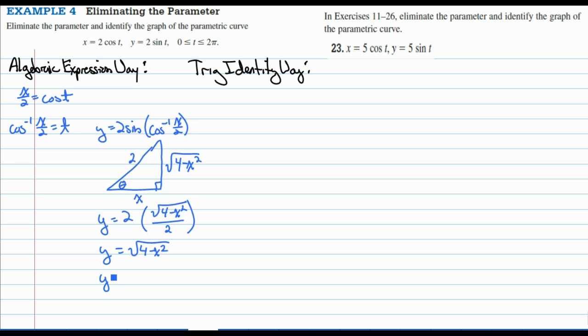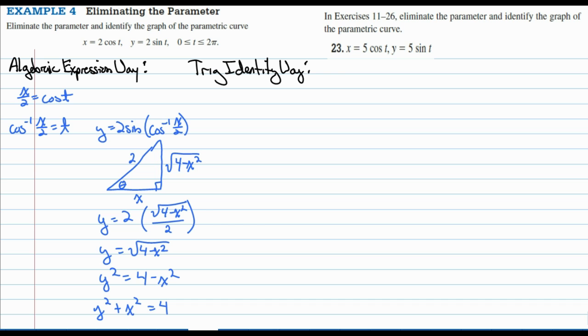You get y equals the square root of 4 minus x squared, or y squared equals 4 minus x squared, so x squared plus y squared equals 4. Essentially you're dealing with a circle. If you remember that from algebra 2, it's a circle with center (0, 0) and radius 2.